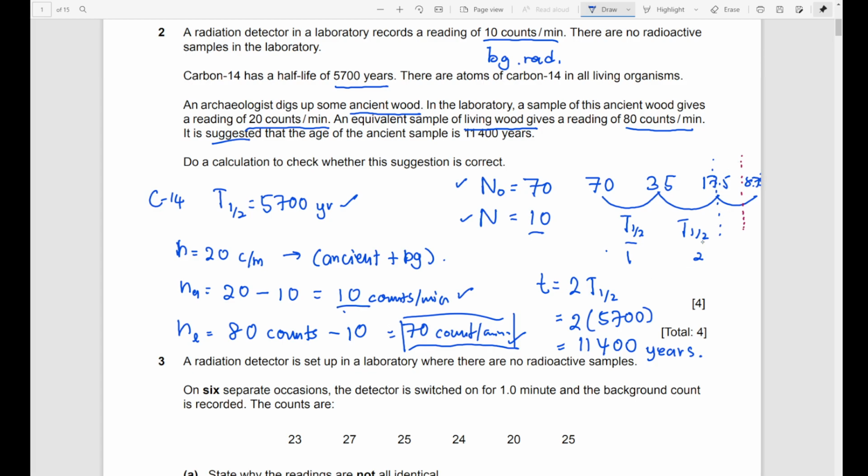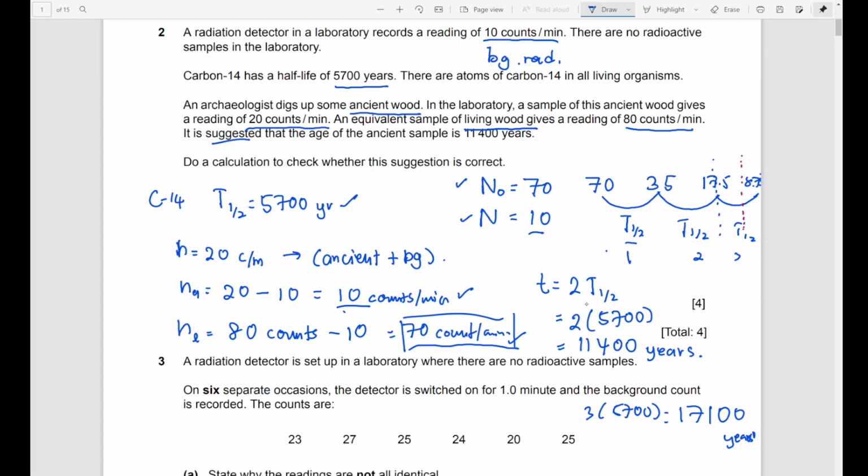So it is beyond 11400 years. If we try to calculate 3 half-lives, 3 times 5700, we will get 17100 years.